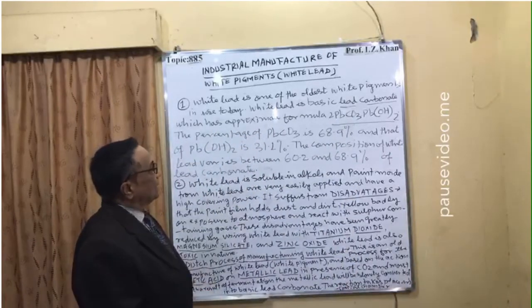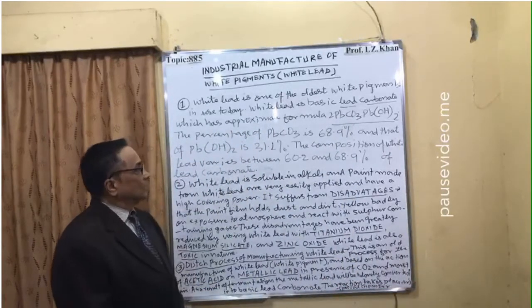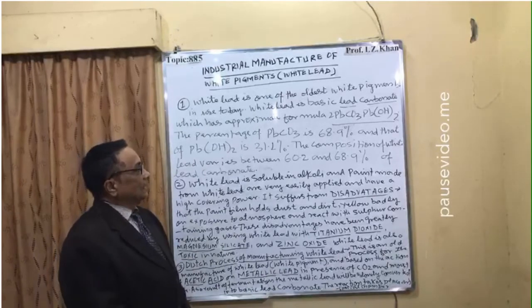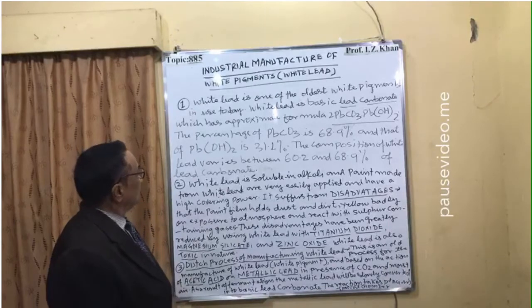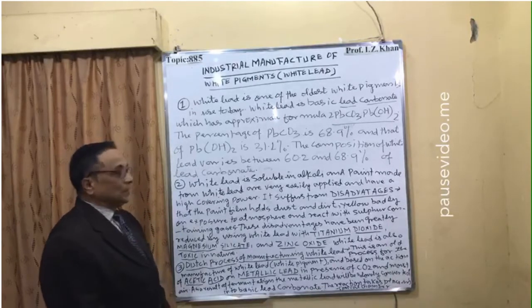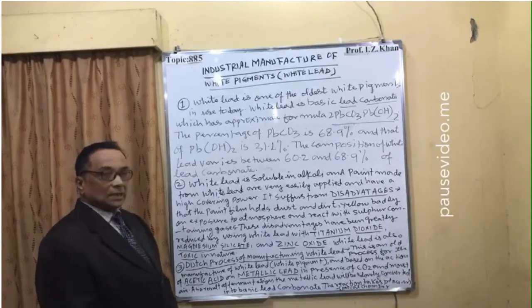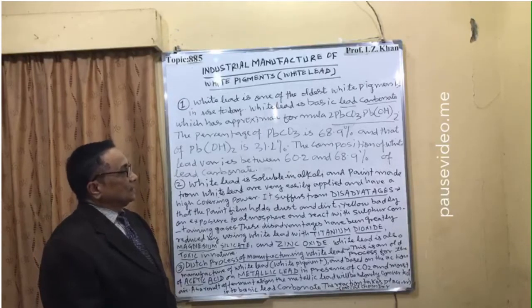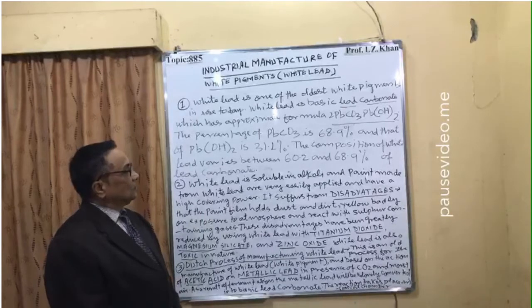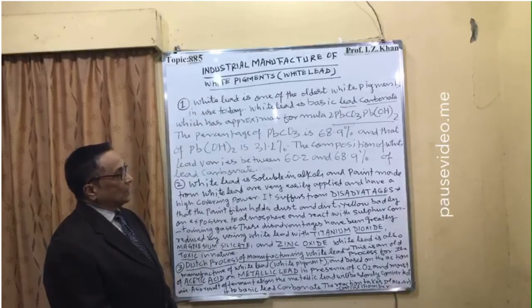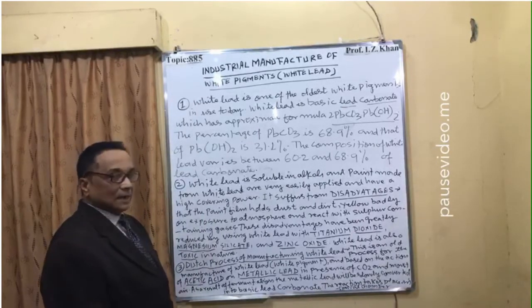The percentage of lead carbonate, that is PbCO3, is 68.9%, and that of lead hydroxide, that is Pb(OH)2, is 31.1%. The composition of white lead varies from 60.2 to 68.9% of lead carbonate.